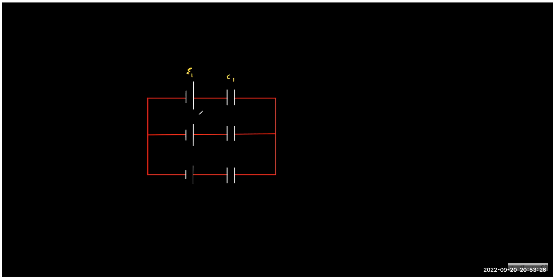E1, C1, E2, C2, E3, C3. And let's say then I connect something here.